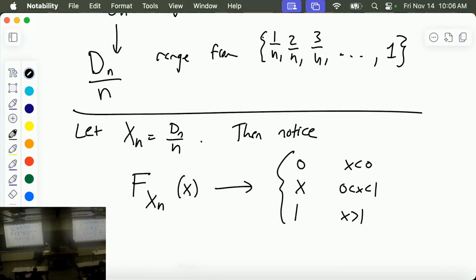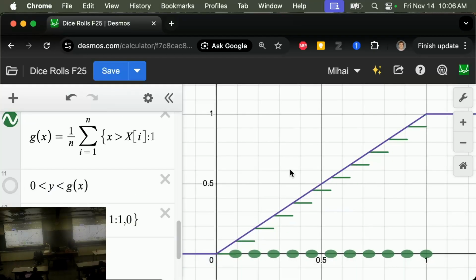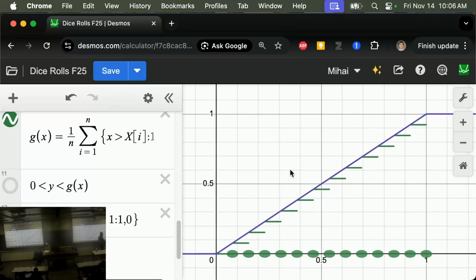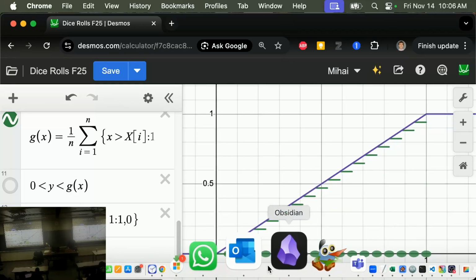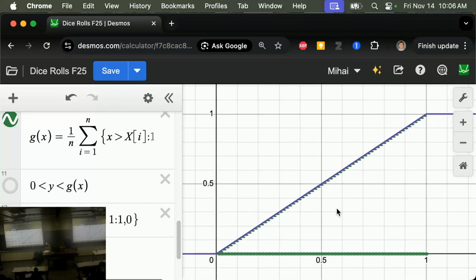So it's this step function over here that is like this. And then it hits a maximum at 1. This is always between 0 and 1, the random variable. And so that's where all the action is happening. So this is converging. Okay. All right, we did it. We made the dice converge.